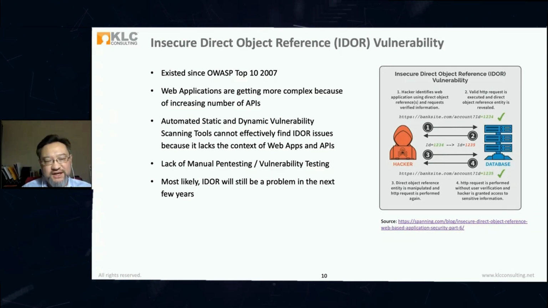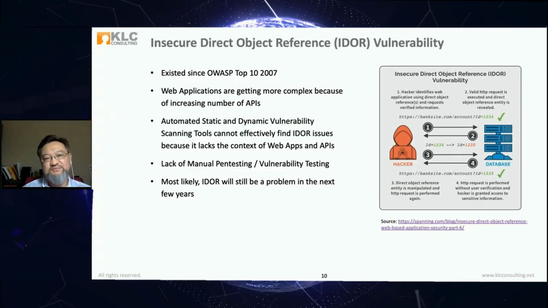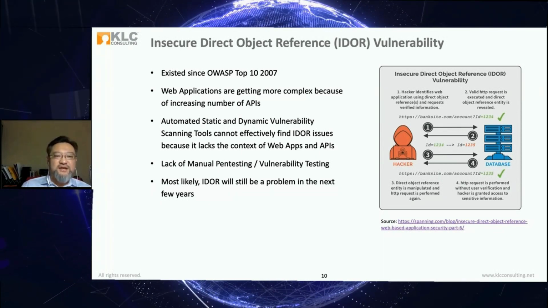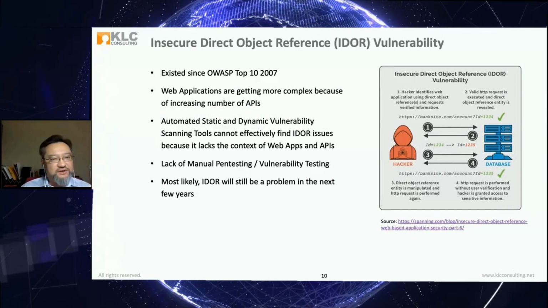If I change my ID to 1235 and, as a bad guy, get into another user's ID 1235 without any authentication requirements, then there's this IDOR vulnerability. Because I'm unauthorized, but I can actually see other people's information just by changing the ID. Right, just an example here.